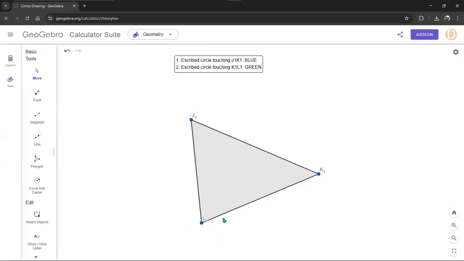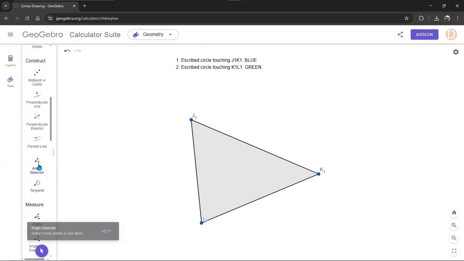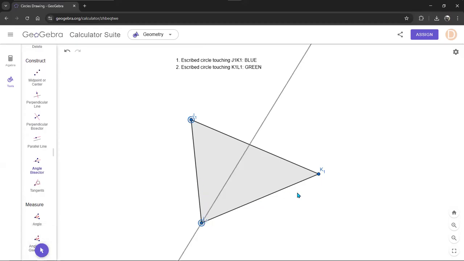So now we just need to bisect this angle. And this is the interior angle, this angle here, as you can see. So we just need to bisect it. So angle bisector. So we bisect J1, L1, K1.